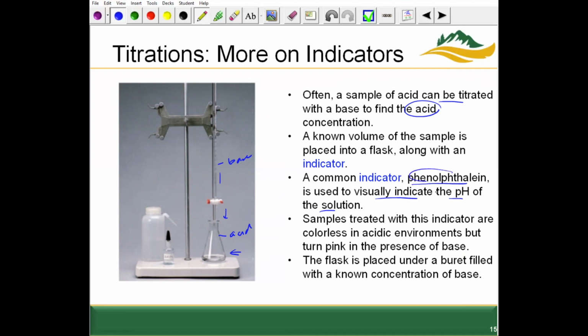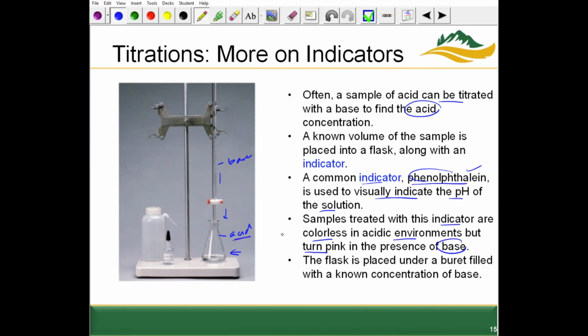Phenolphthalein can be a nice pink color. It just depends on the different indicators, but there can be some really pretty colors of indicators like orange, blue, things like that. So phenolphthalein is just one example of an indicator. Then samples with this indicator are colorless in an acidic environment, but they turn pink in the presence of a base.